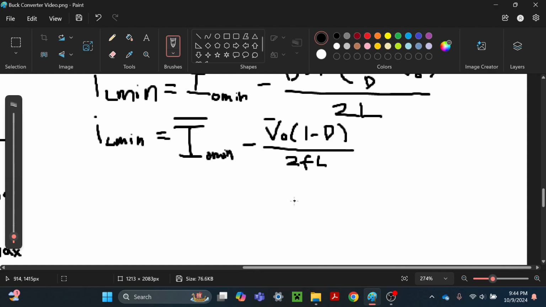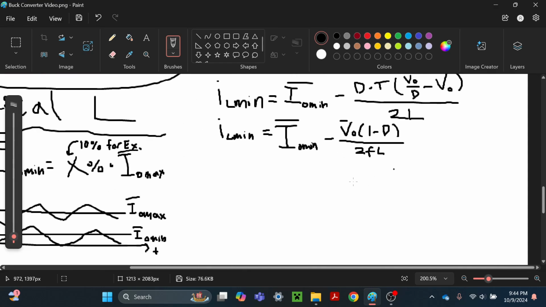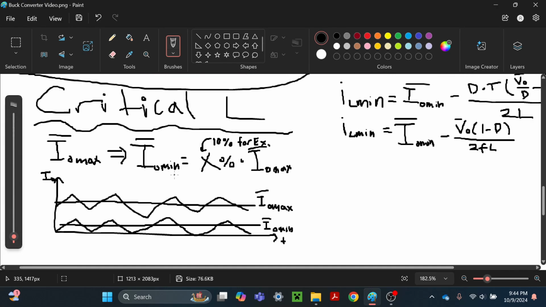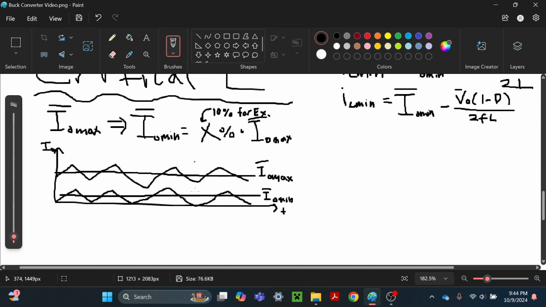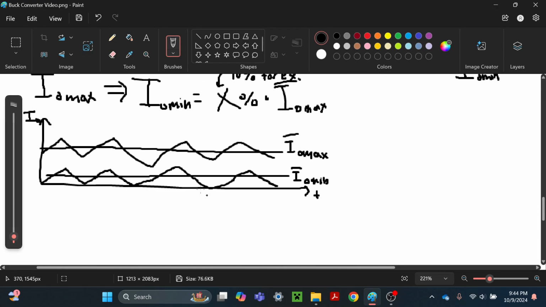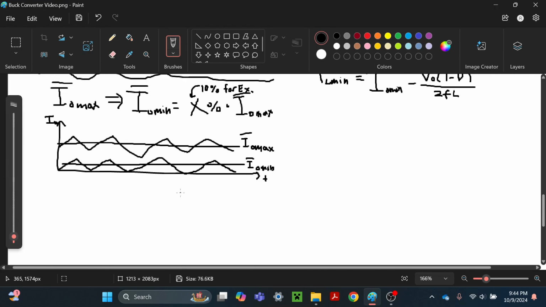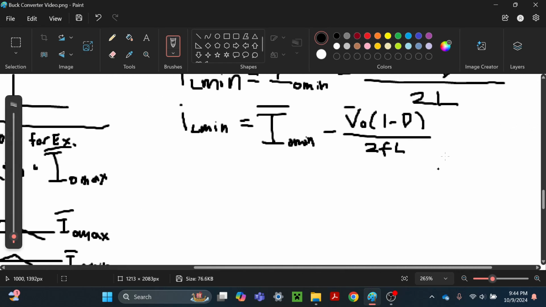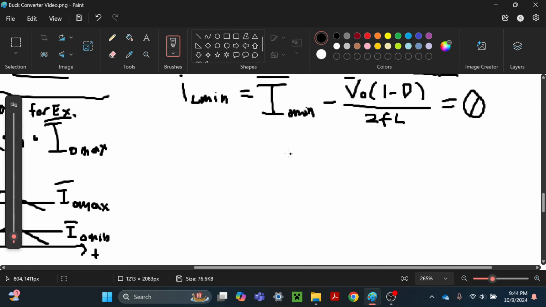And then recalling that we're calculating I out min average when the absolute minimum of the inductor is going to be at 0. So IL min here is going to be 0. So we're basically setting this whole equation equal to 0. And then we can rearrange that.